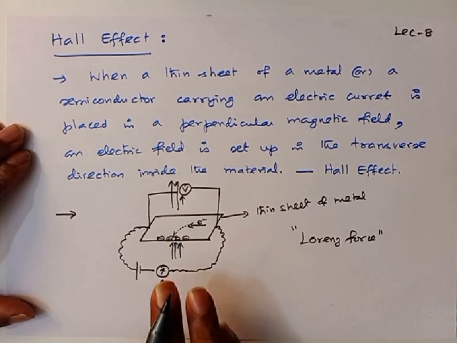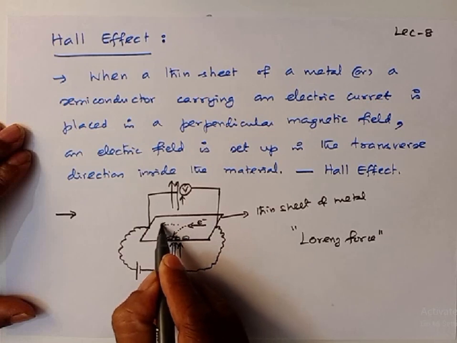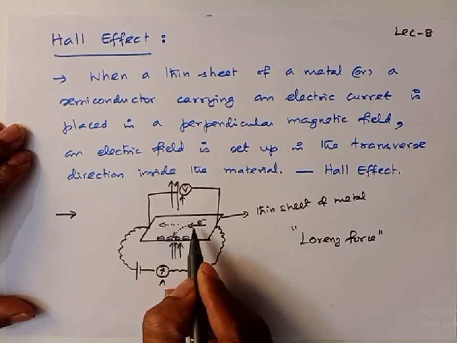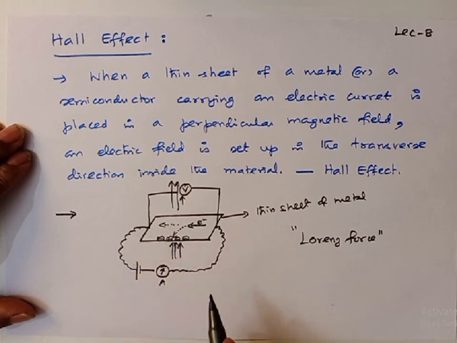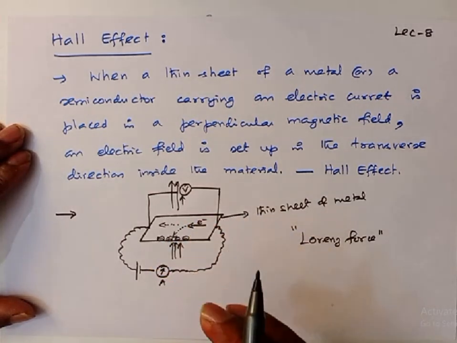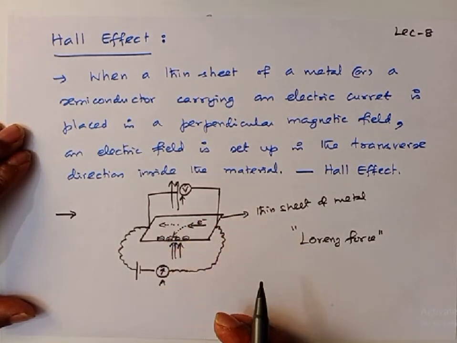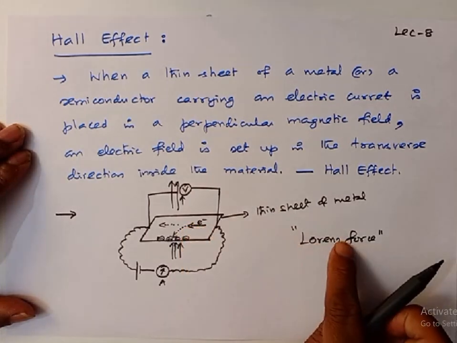If I apply a perpendicular magnetic field, what will happen? Actually, the electron should go in a straight line into this wire. But when you apply a magnetic field perpendicular to the direction of the current, the electrons experience Lorentz force.